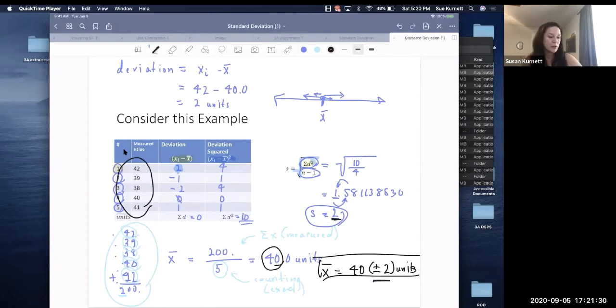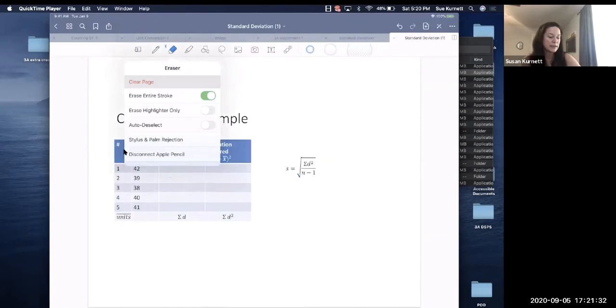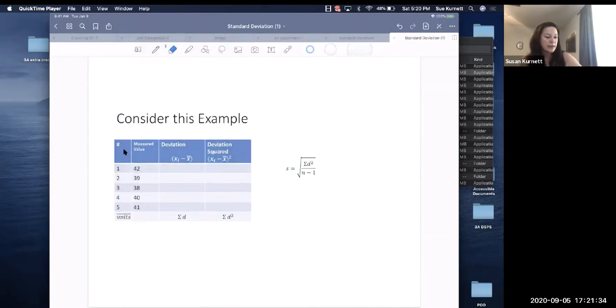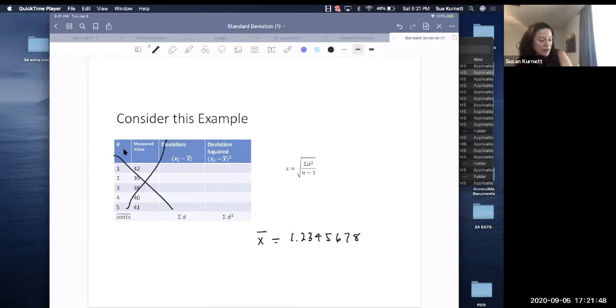I'm going to clear this whole board and then pretend some things. Let's say that you had an average that was, so I'm not looking at this data, I'm considering fictitious data in my head. Let's say you had an average that was 1.2345678. It just goes on and on because your calculator gives you a lot of digits. But when you calculated the standard deviation, you came up with 0.004.